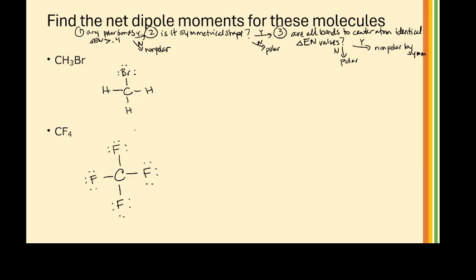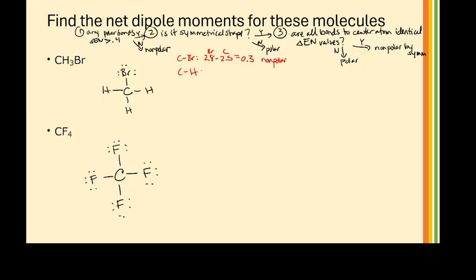So the first thing I want to do is determine the delta EN. Again, I'm going to have my electronegativity table. So for my CBr, bromine is 2.8 minus 2.5 for carbon equals 0.3. So this is a nonpolar bond. It is not greater than 0.4.